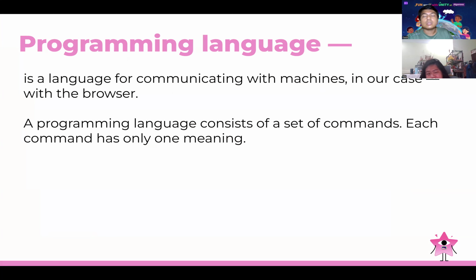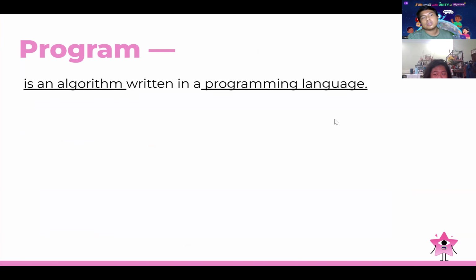A programming language is for communicating with machines. If you want to tell the computer to do something, you need to learn the computer language. A program is basically an algorithm written in a programming language.